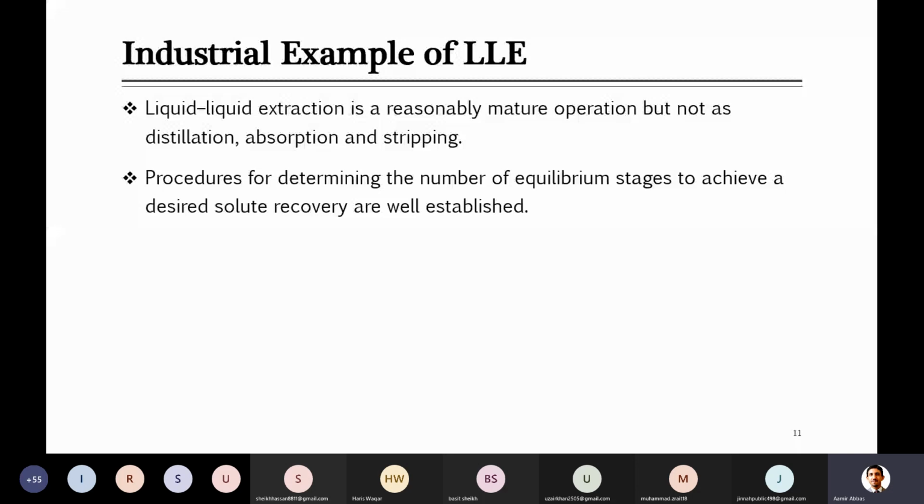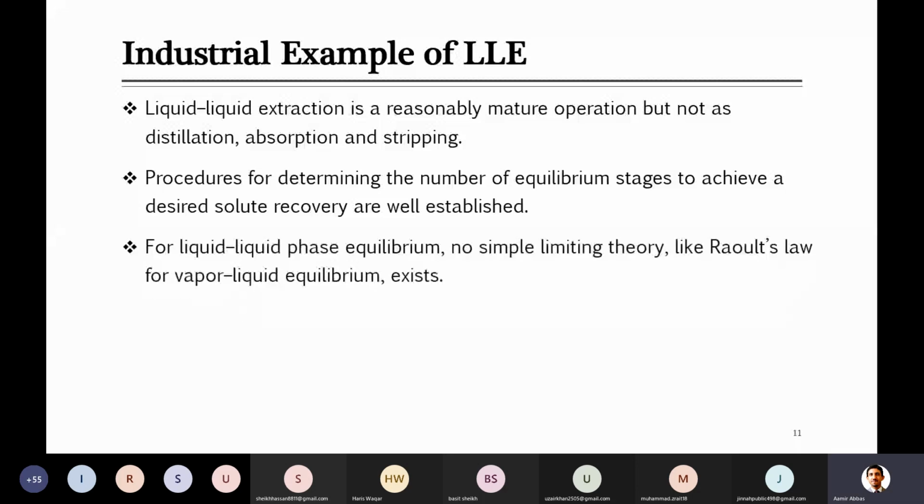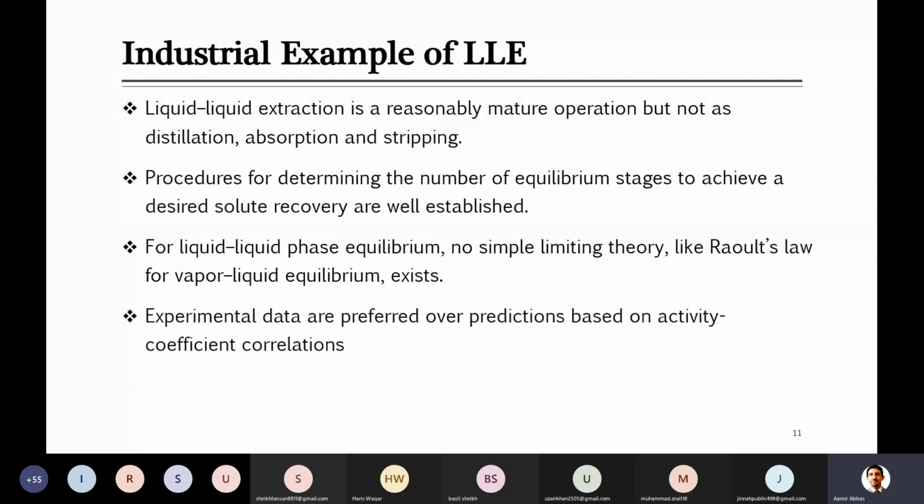But if you remember, when we were looking at distillation or absorption, there were laws related to vapor liquid equilibrium, like Raoult's law. But in liquid extraction we don't have such theories which can lead towards a better prediction of the data.